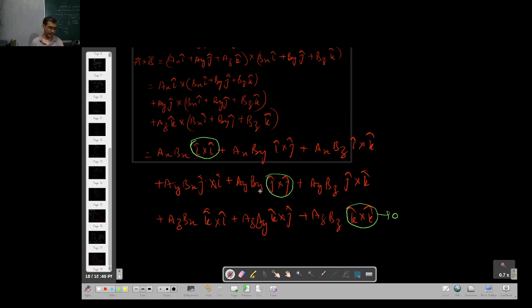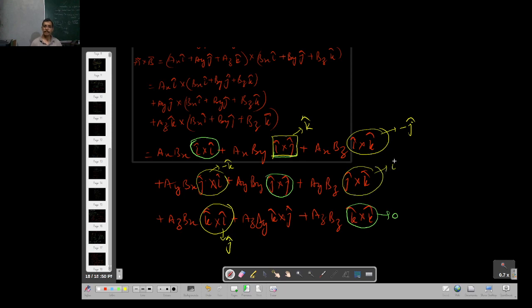And i cross j is k cap, and j cross i is minus k cap, and i cross k is minus j cap, and k cross i is j, and similarly j cross k is i, and k cross j is minus i, right?